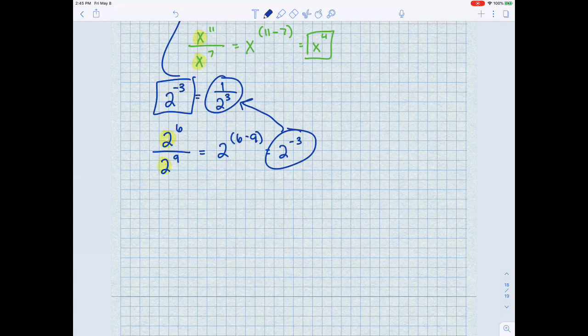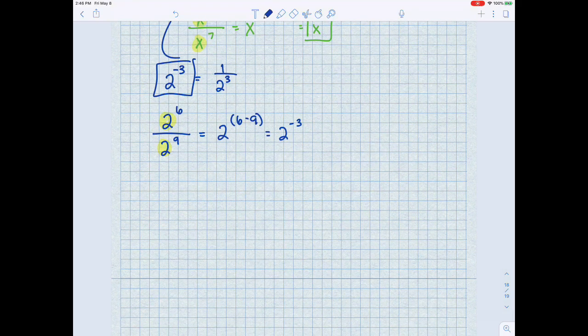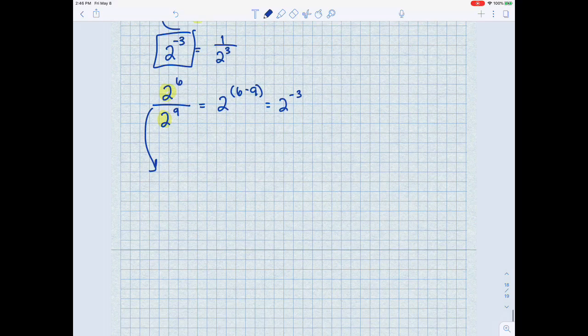Let's take a look. If you think about what exponents are and what they're doing, they're just repeated multiplication over and over and over. So I'm going to rewrite this in expanded form. I know that this is 2 times 2 times 2 times 2 times 2 times 2, written over 2 times 2 times 2 times 2 times 2 times 2 times 2 times 2 times 2.